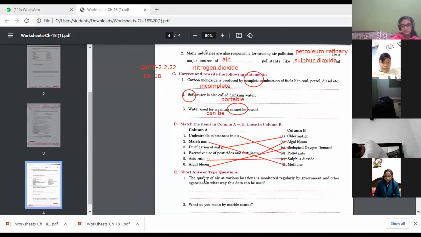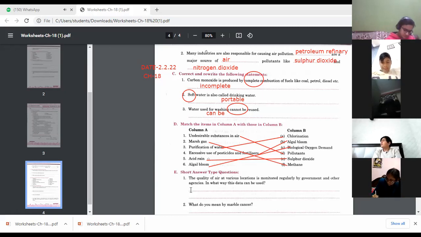Once the government or the agencies know the air pollution level in a particular country, they make much effort to reduce air pollution. Anything else? So kindly write down the answer yourself. So they are using the data to reduce air pollution or finding different ways to reduce pollution.